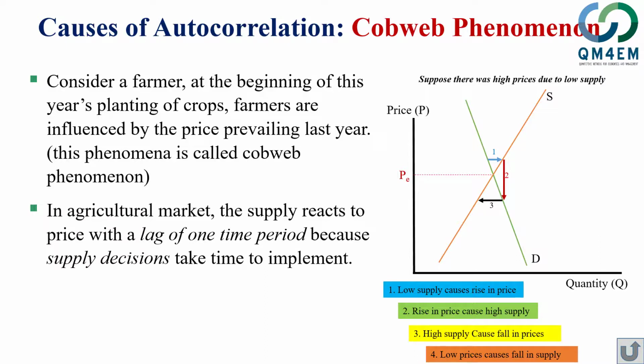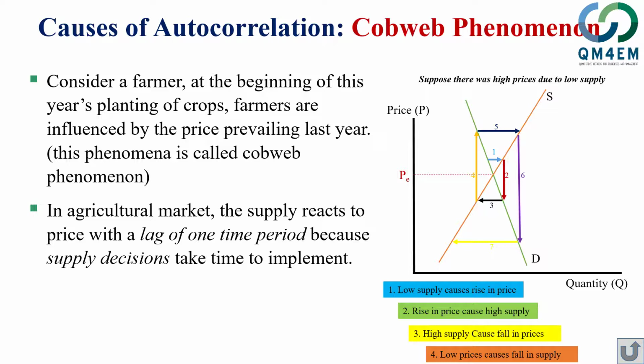And because of those high prices, this cycle repeats again. So we say that the process continues and the prices keep on rising. This is the case of divergent cobweb phenomena. You can think of convergence as well when this cycle gets reversed. So this is a mechanism through which prices in the agriculture market work. Economists name this the cobweb phenomenon.